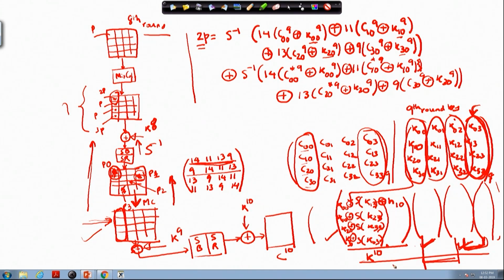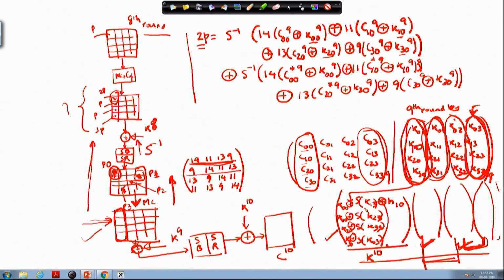Likewise for the next two columns. So you can express three columns of the 9th round key just by XORing successive columns of the 10th round key. Only for the first column of the 9th round key do you need a little maneuvering, because there is a cyclic rotation that we have done.